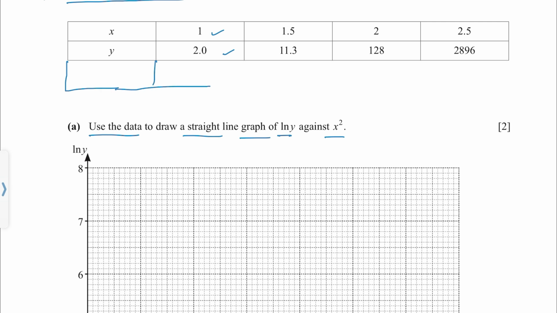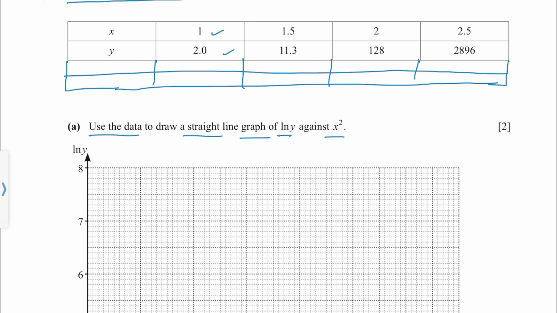Let's make a column. This would be x squared, this would be ln y. X squared is this one, 1.5 squared would be 2.25, 2 squared would be 4, 2.5 squared would be 6.25, yes, 6.25.